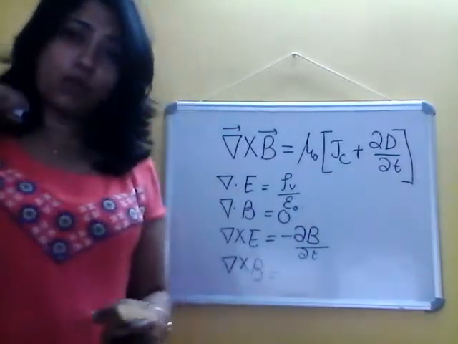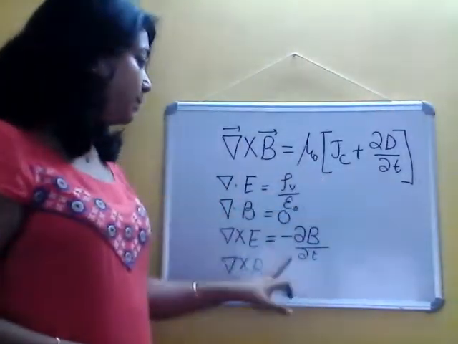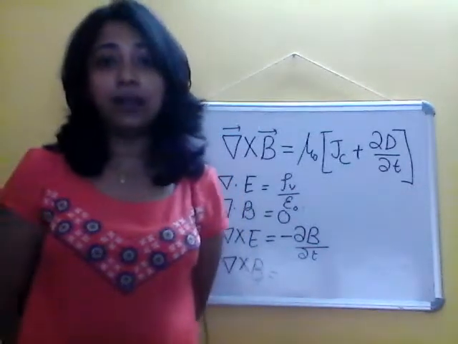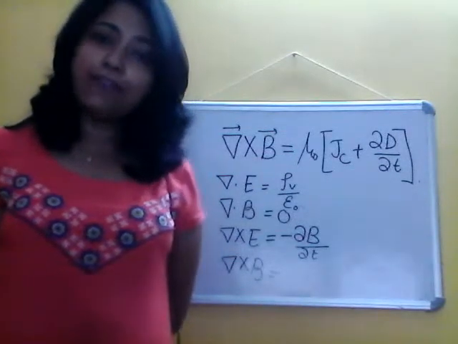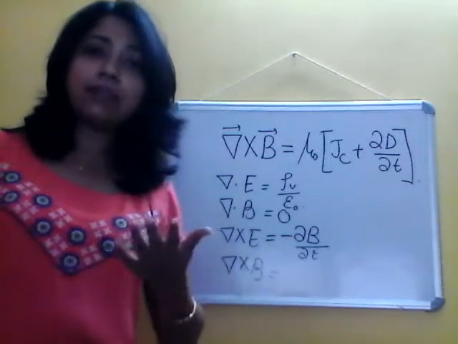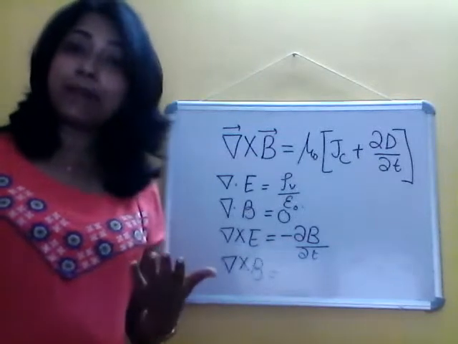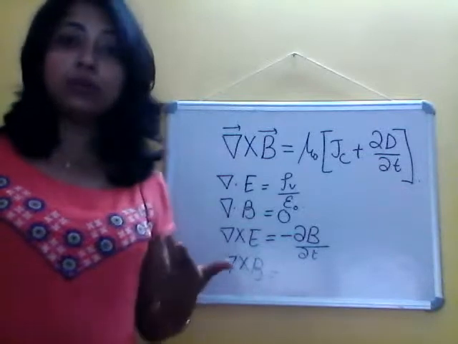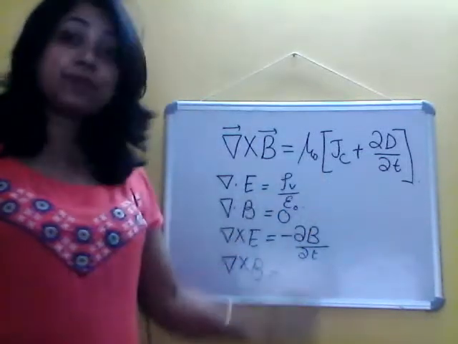Now, please see over here that the constants that we have used, epsilon 0 and mu 0, tell us that this entire thing has been done in free space, in vacuum. Correct? Now, if I ask you to convert this entire thing to a medium, instead of this free space, how will Maxwell's equations look in a medium where the permeability is mu and permittivity is epsilon?